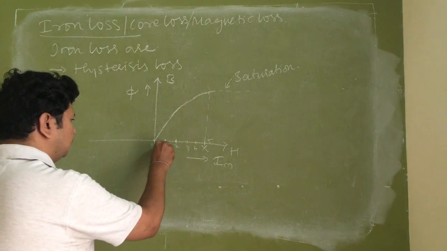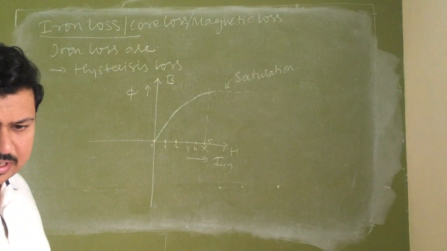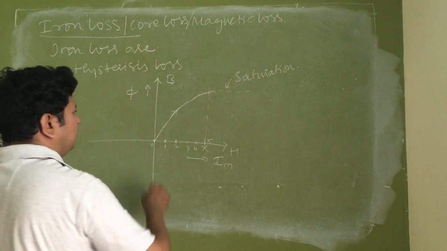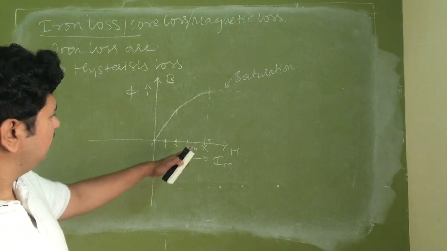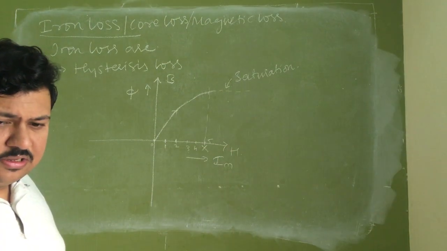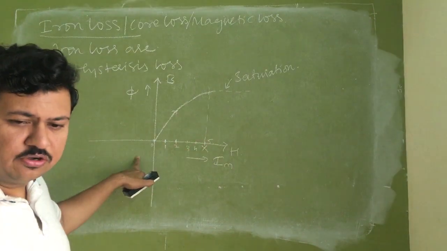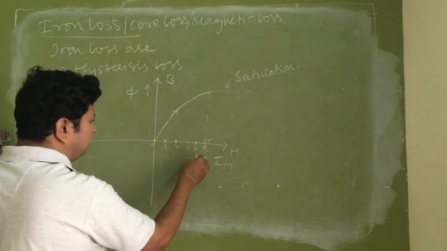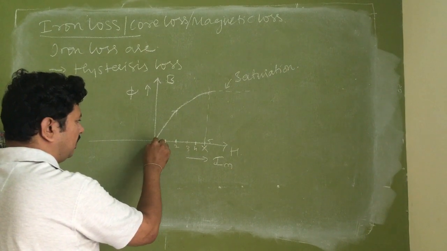As I was increasing the magnetizing force in steps, I observed the increase in magnetic flux density. Now I will increase up to 5 steps. Then I will start decreasing the magnetizing force from the 5th unit to 0 in the same interval of steps: 5 to 4, 4 to 3, 3 to 2, 2 to 1, 1 to 0.